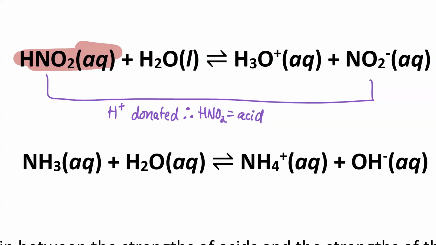Is that always the case? No. It is with acids that form from anions, whether they're monatomic or polyatomic, like we have here. But in other cases, you're going to have to look at what's happening with the hydrogens. Where are they going? All right, so what we're left with, the NO2 minus, that's our conjugate base.